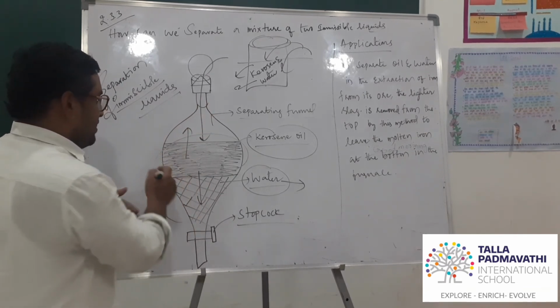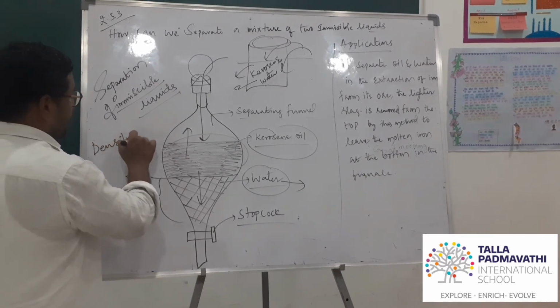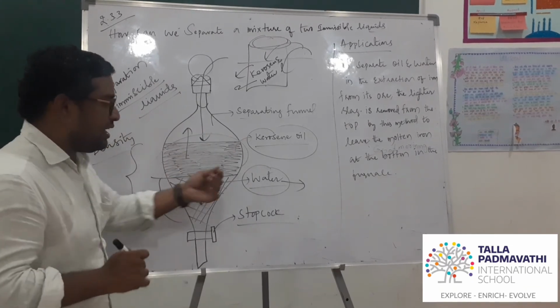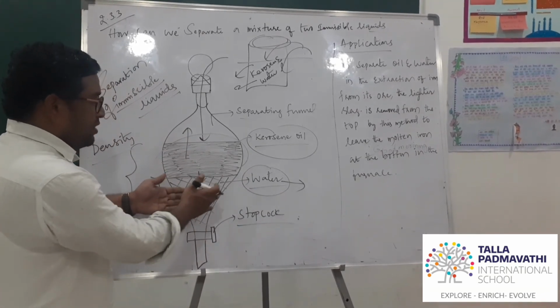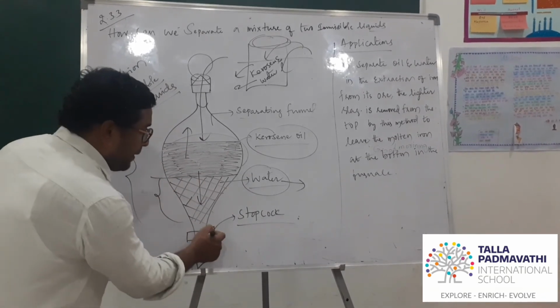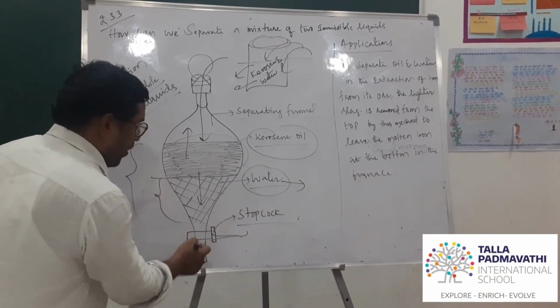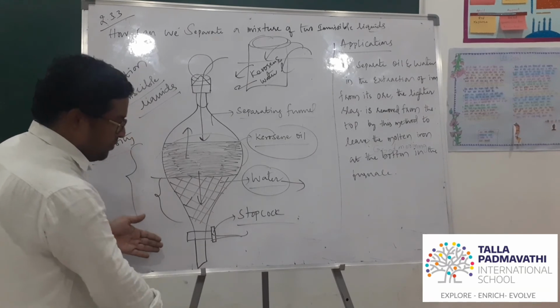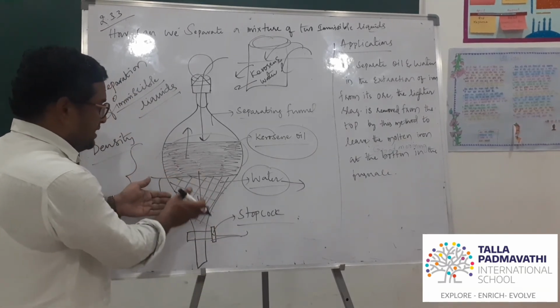What is the reason? The reason is the difference in density of kerosene oil and water. Water will move down because of its higher density. Now open the stopcock. When you open the stopcock, water will move down first because of the density and reach the bottom.